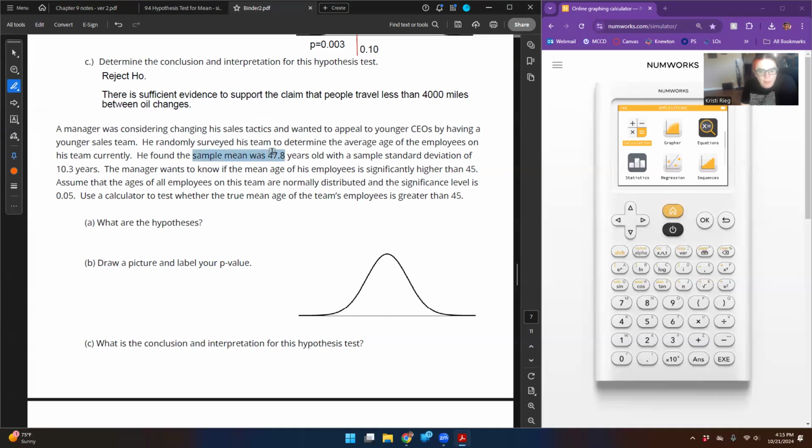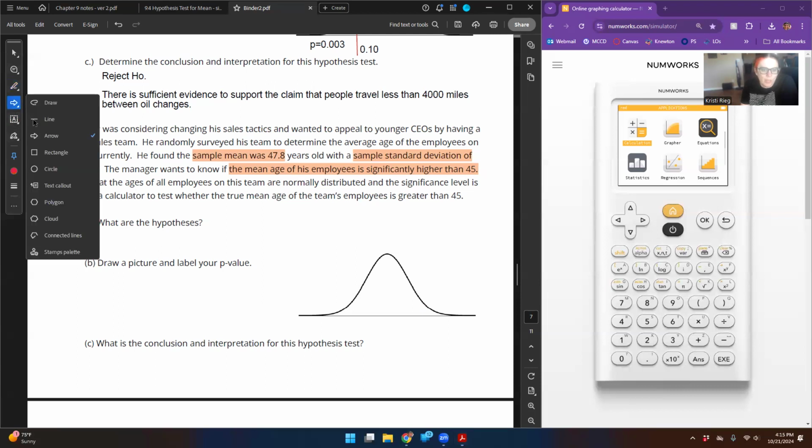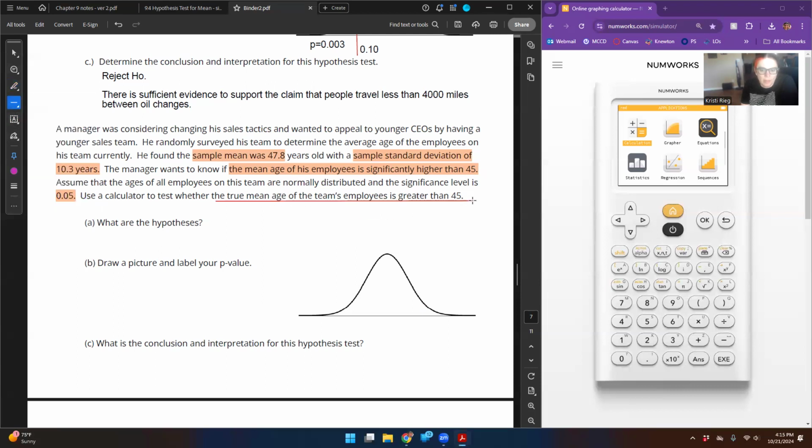He found the sample mean was 47.8, the sample standard deviation was 10.3, and he wanted to know if, and so here's our claim, the mean age is higher than 45. Assume that all employees are normally distributed and the significance level or alpha is 0.05. And then here's the claim one more time at the end: the mean age greater than 45.